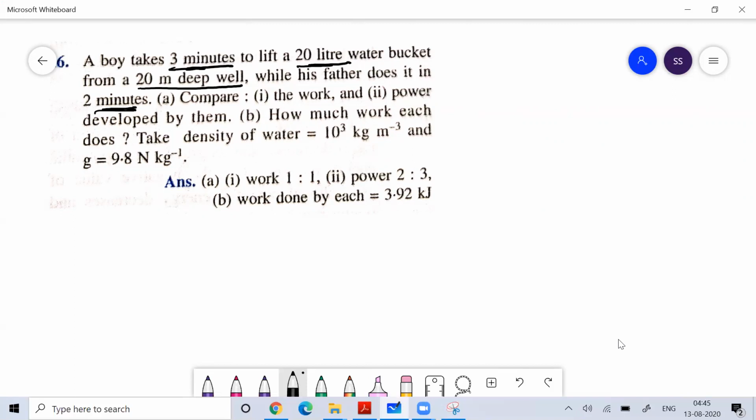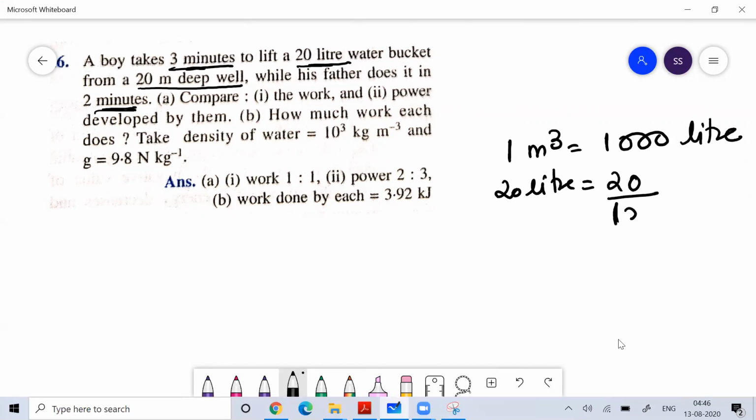So again, the mass is not given. So mass you can find that. So here the density of water. You know that 1 meter cube is equal to 1000 liter. So 20 liter equal to 20 by 1000 meter cube.